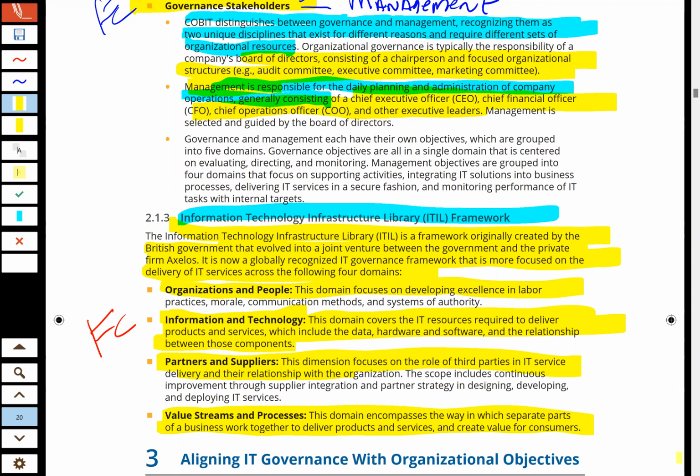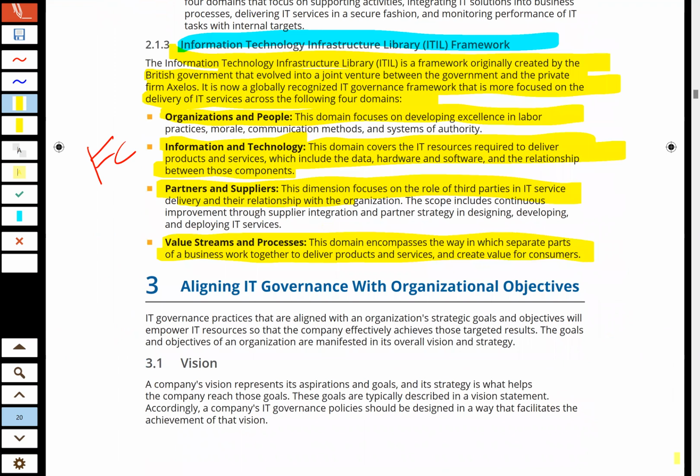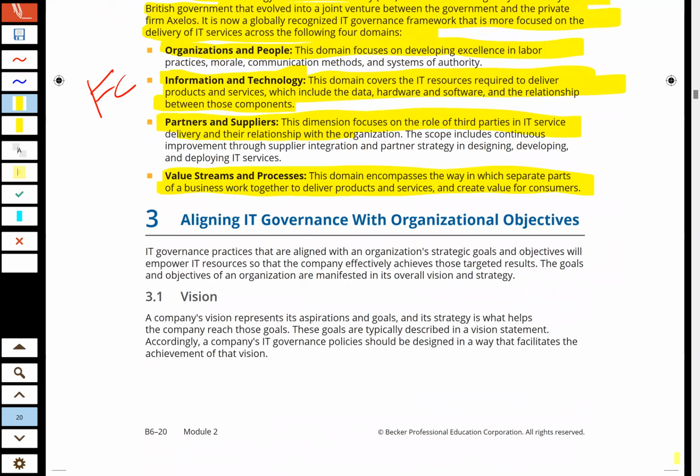All right, good. Now, aligning IT governance with the organization's objectives. We start with our vision, and vision is usually articulated in a mission statement of some sort.